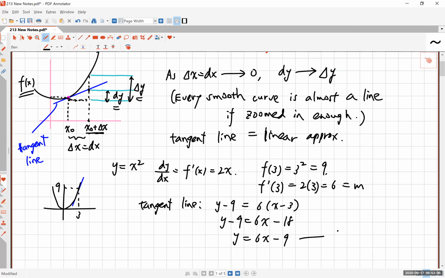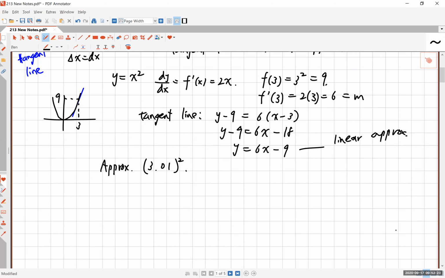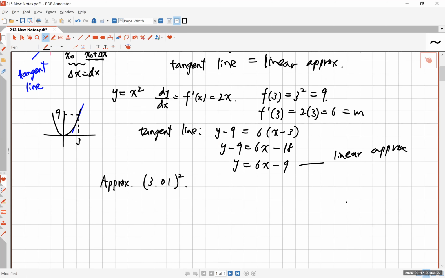Okay, but this is your linear approximation. So for instance, use this to approximate, let's say, 3.01 squared. Obviously you can actually take your calculator and put in 3.01 and then square it, and that would give you the exact value.